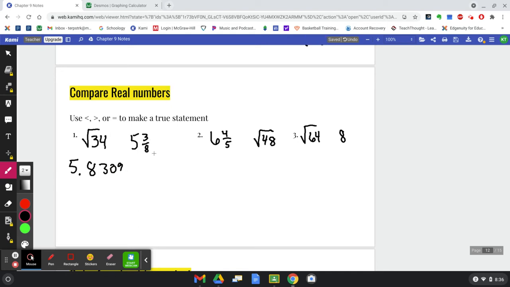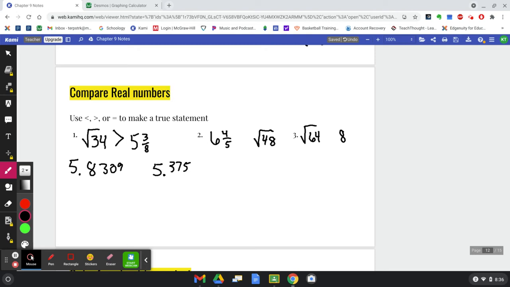And if I did 5 and 3/8 on my calculator, to find this decimal I just do 3 divided by 8, and I'm going to get 0.375. So in doing that, I can see that 5.8 is bigger than 5.3. So the square root of 34 is greater than 5 and 3/8.